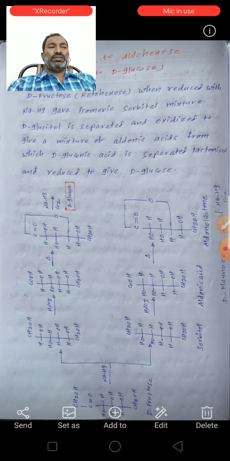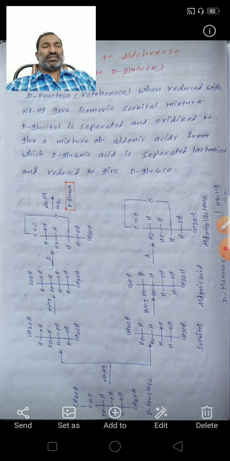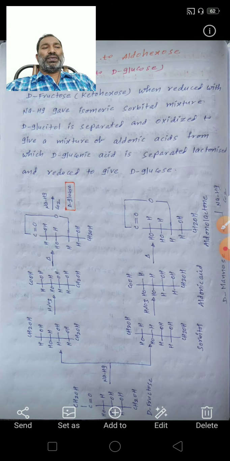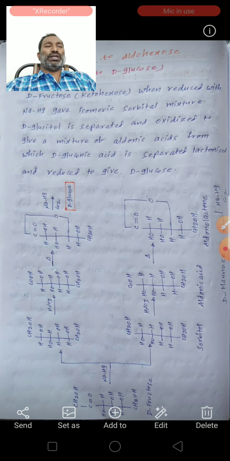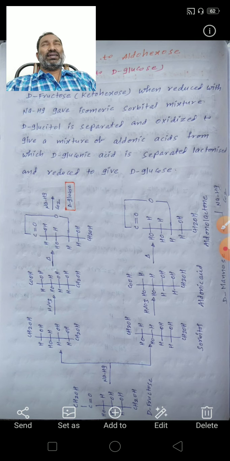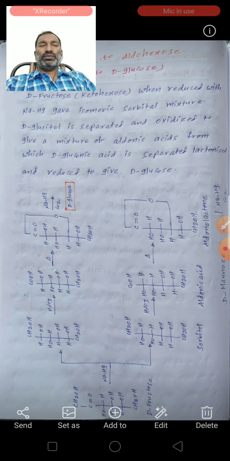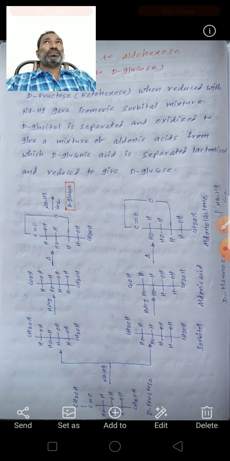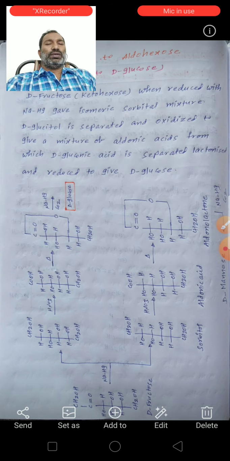Here the number of carbon atoms is the same, 6 carbon atoms, but the functional group is changed.